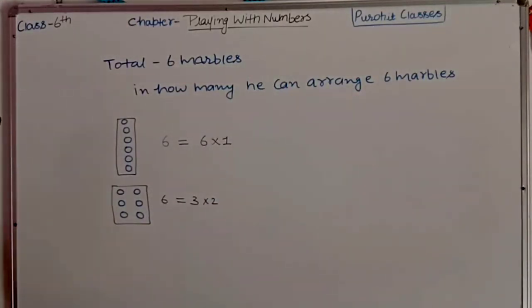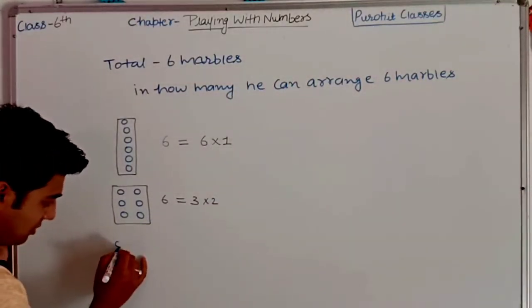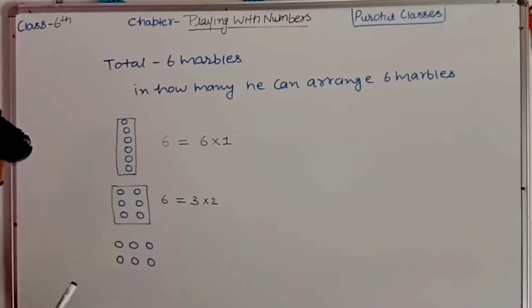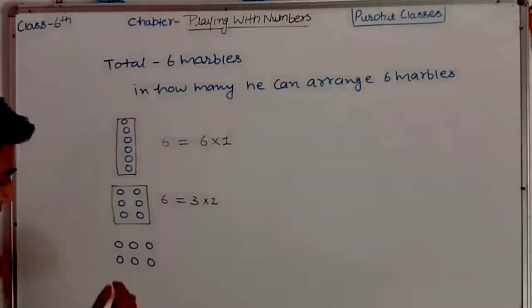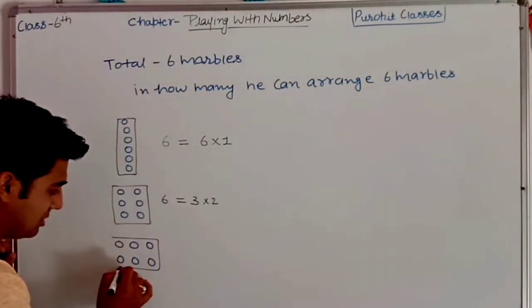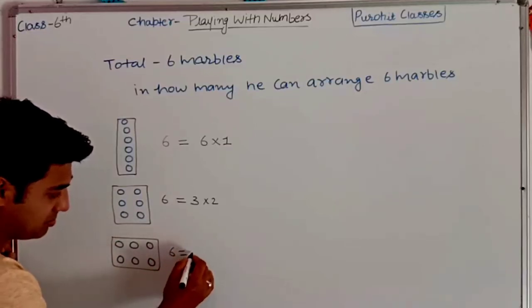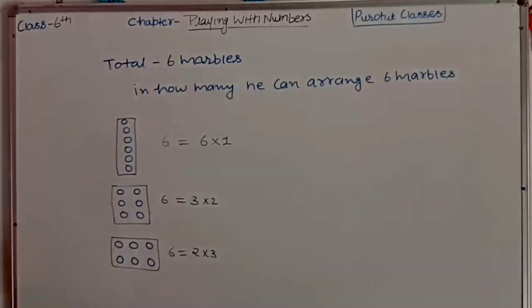Now third way, he has done 1, 2, 3, 4, 5, 6. Again, now 2 rows and 3 columns, isn't it? These are 2 rows and there are 3 columns. So here 6 is represented as 2 rows and 3 columns. Getting or not? Okay.